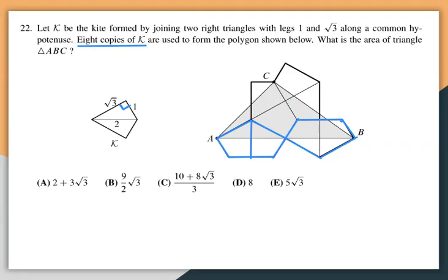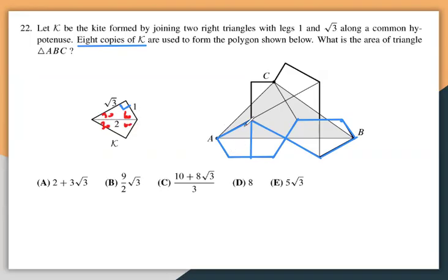So our goal is to find the area of ABC. If I can find AB and the distance between C and that AB, that would be enough. So let's see if we can find that. One of the things is, this was 30-60-90, which means this is 30 degrees and this is 60 degrees, and this is 60 and this is 30 degrees. So the smaller angle is 30, the other one is 120.